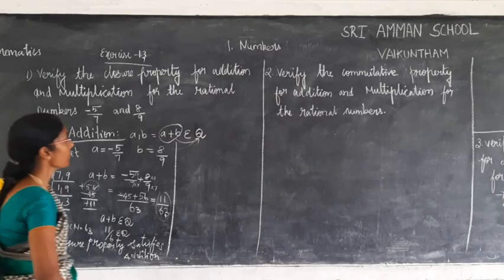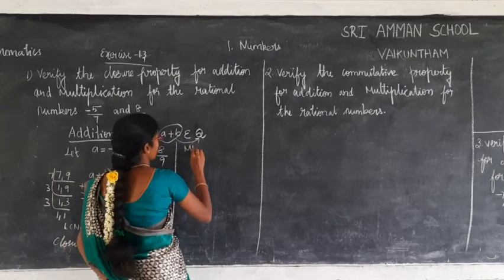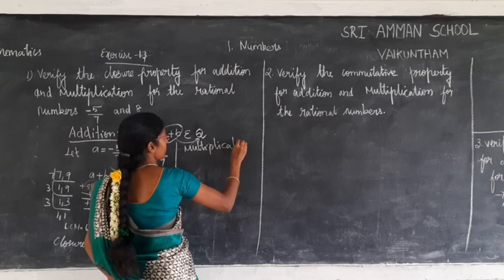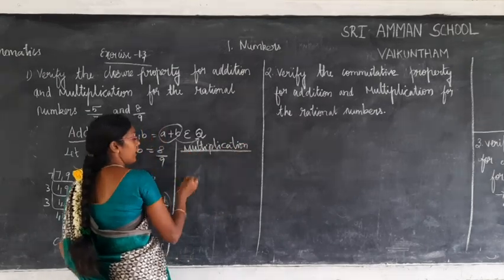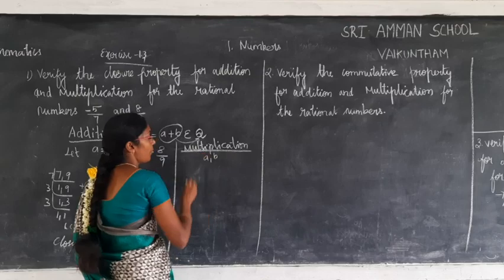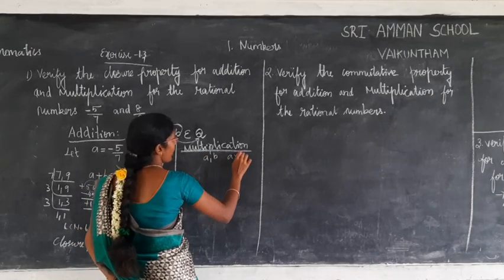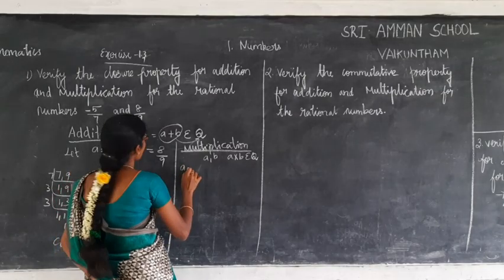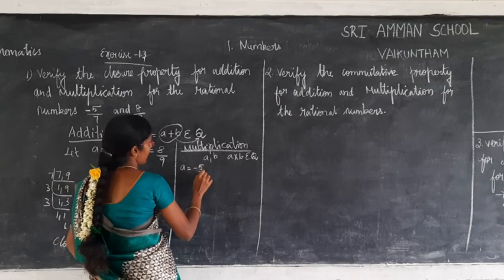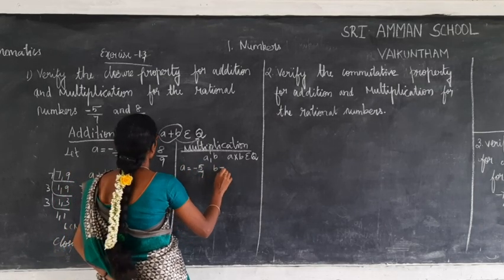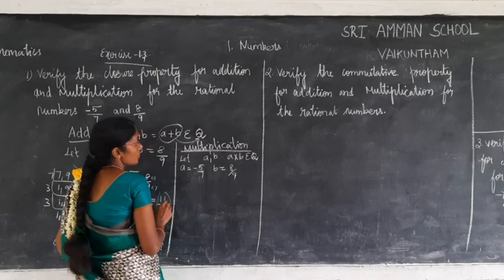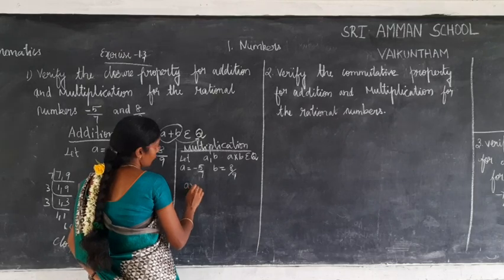Okay, so next one, multiplication. For any two rational numbers a, b, a into b belongs to the rational numbers. Here a is equal to minus 5 by 7, b is equal to 8 by 9. So what is a into b?